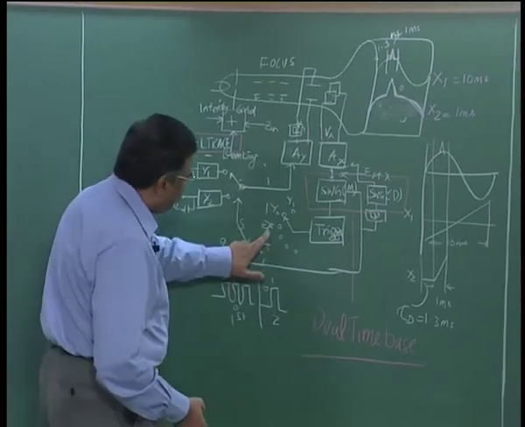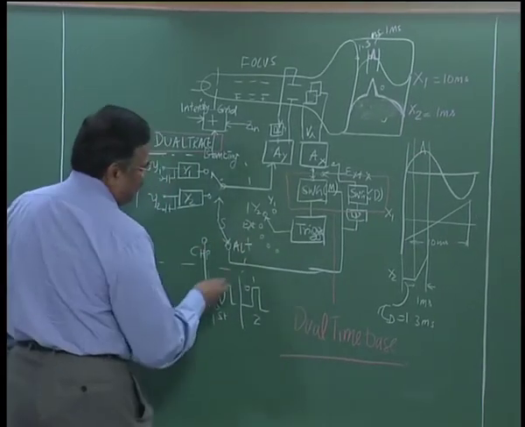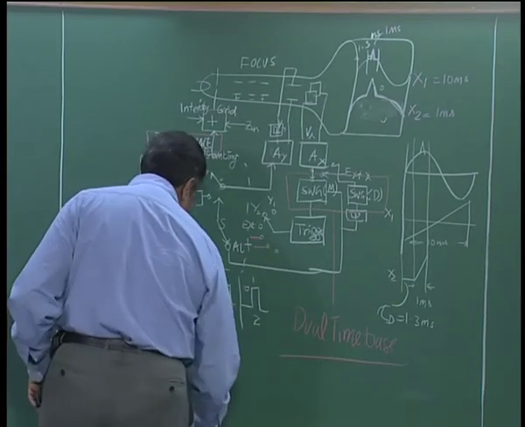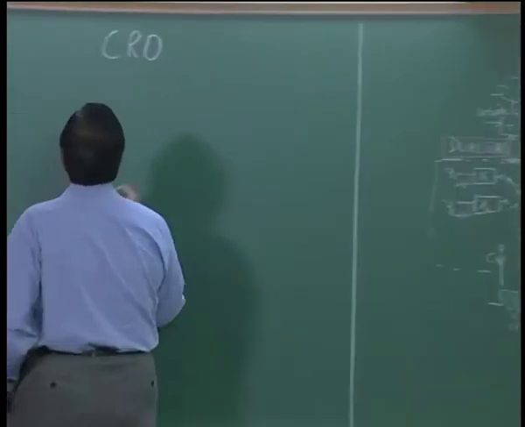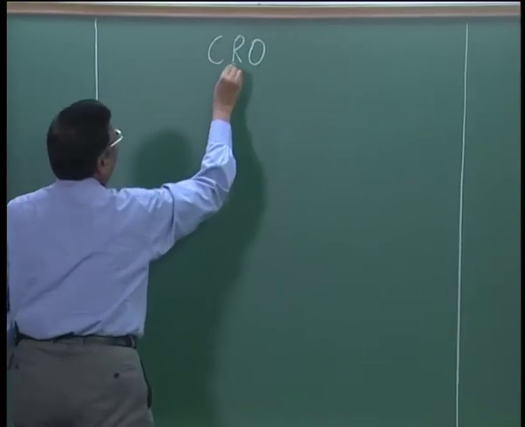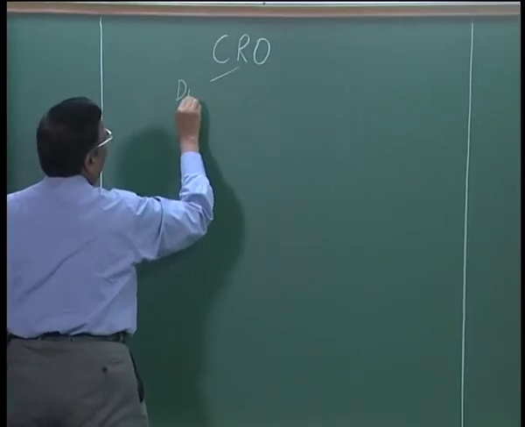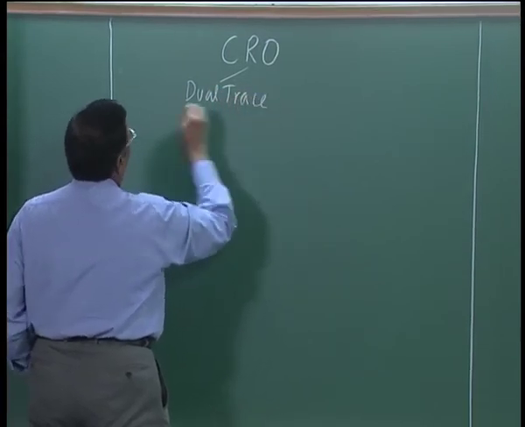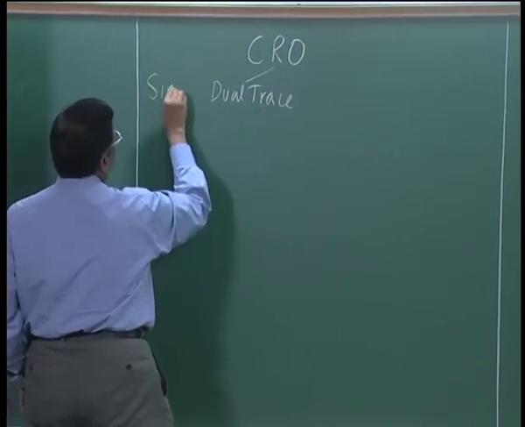So that is the reason why they have put the external input. The other options, right, let me put it separately here. We have CRO, you can have single or dual trace.